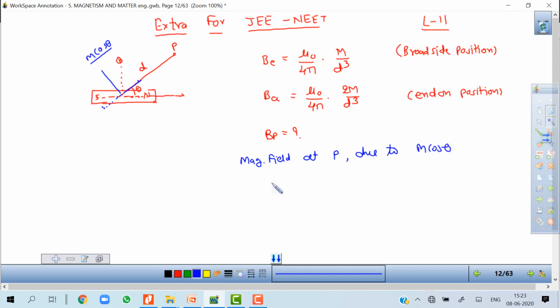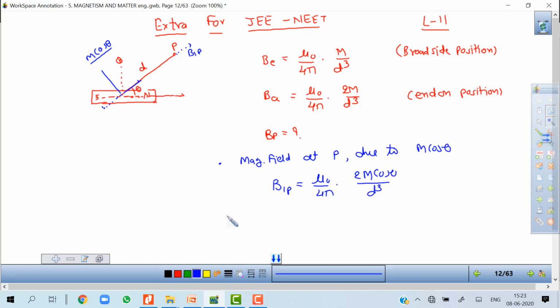So we have B1P is equal to mu 0 upon 4 pi, and this is the axis line, so it is the axis formula, so I have 2m cos theta upon d cubed. Okay, and this will be along this line, r direction. This is B1P.